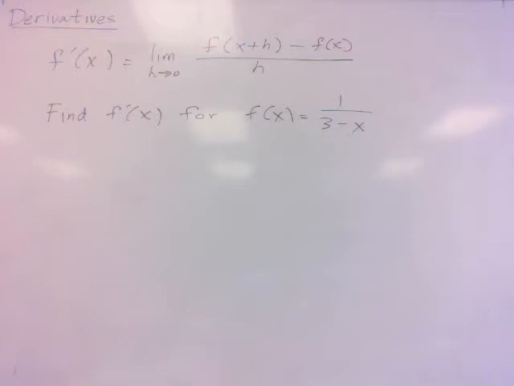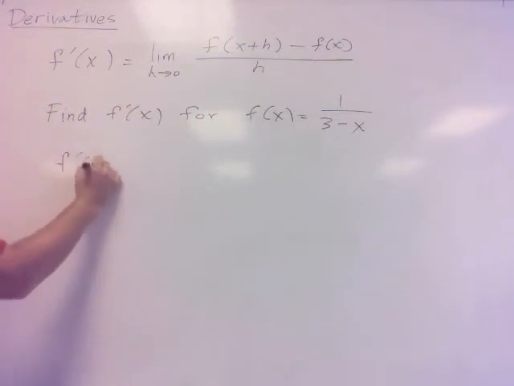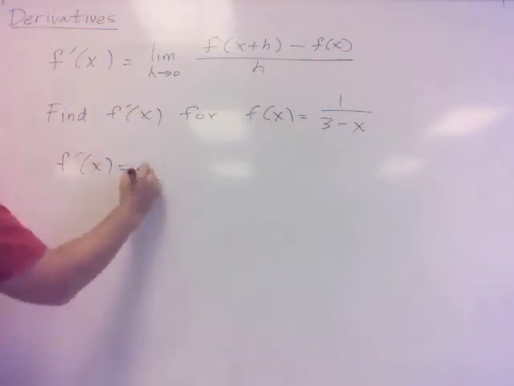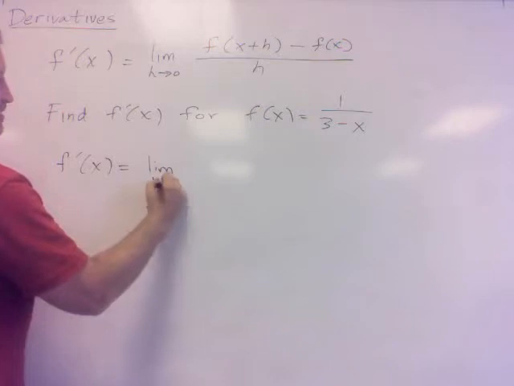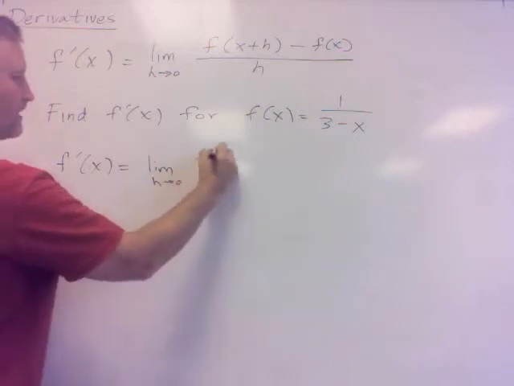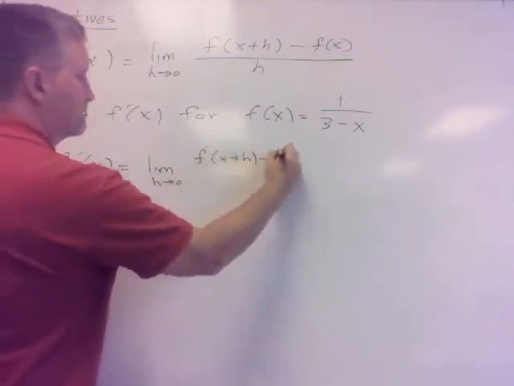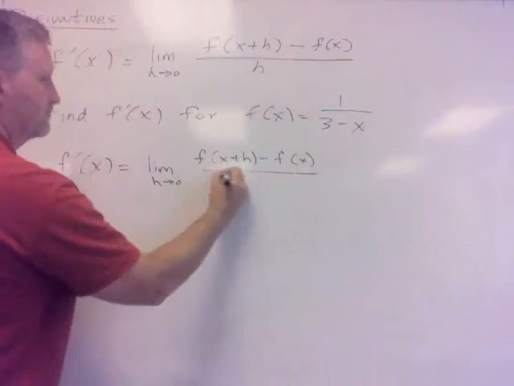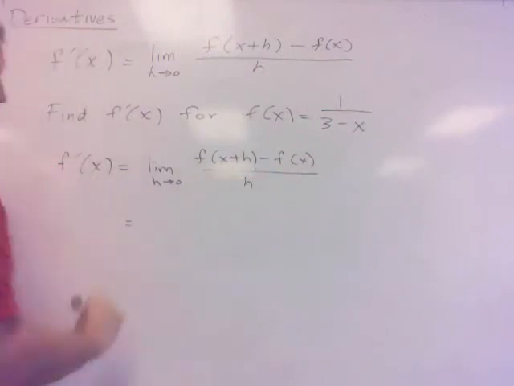Well, we'll learn different ways, but for now, we're just using the limit definition. Okay. F prime of X is equal to the limit as h approaches 0 of f of X plus h minus f of X over h. Instead of A's, we're using X's.